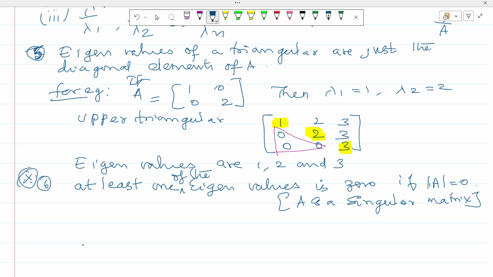eigenvalue and eigenvector. See, for the eigenvector, only one property is there. It is particularly the property of eigenvector.